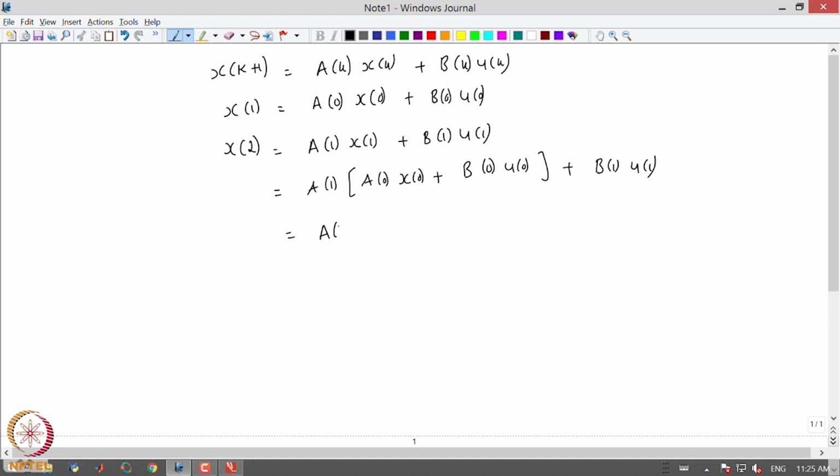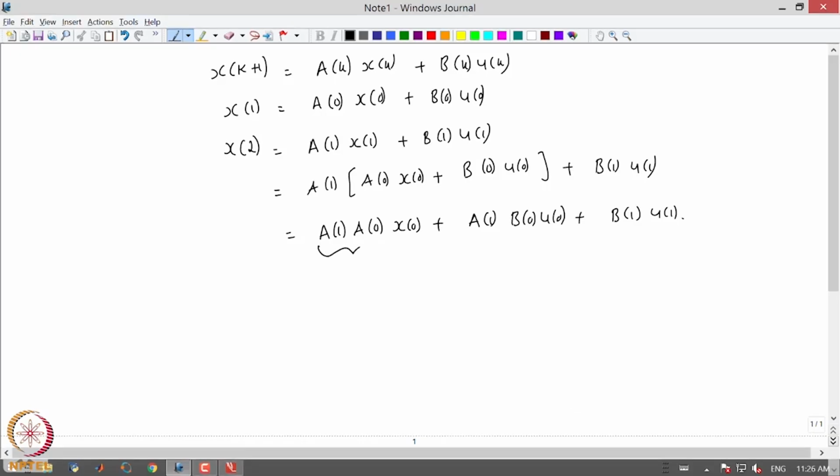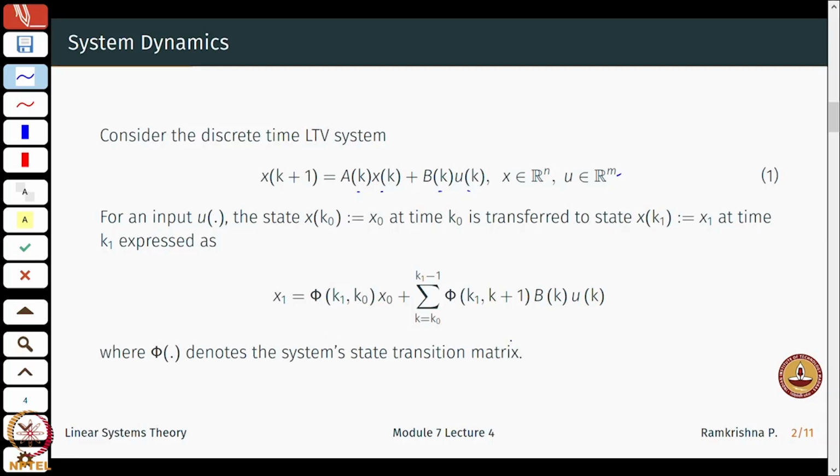So this is A 1 A naught x naught plus A 1 B naught u naught plus B 1 u 1. So in general, if I call this my state transition matrix, I can write a general expression for this, and then x at k1 will be equal to x1.